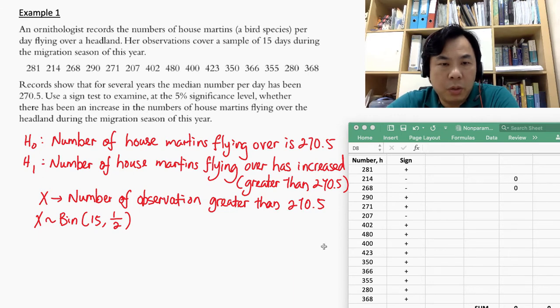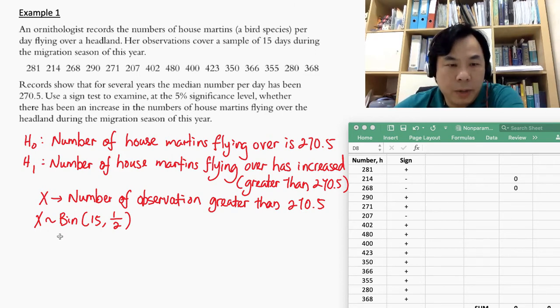Now we are interested to see if the number of observations x greater than 270 is significantly large for us to be able to reject our null hypothesis.